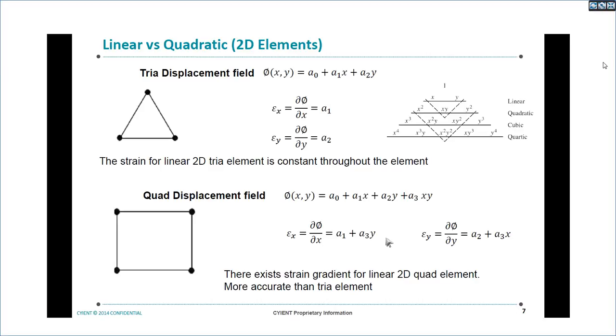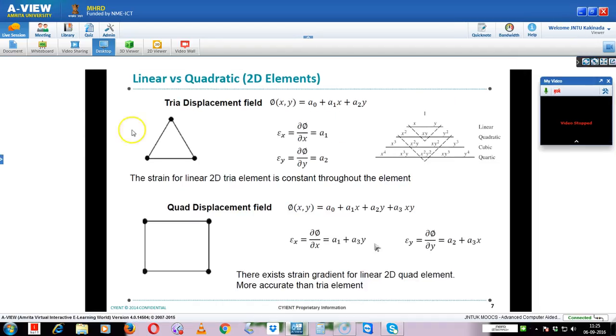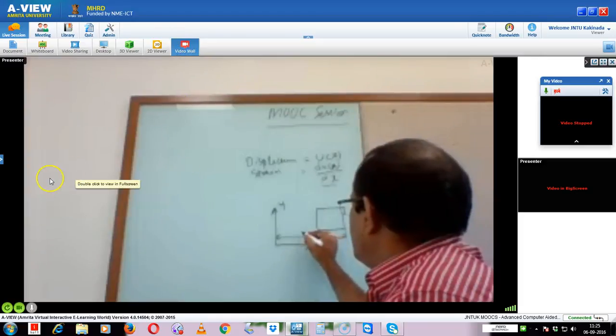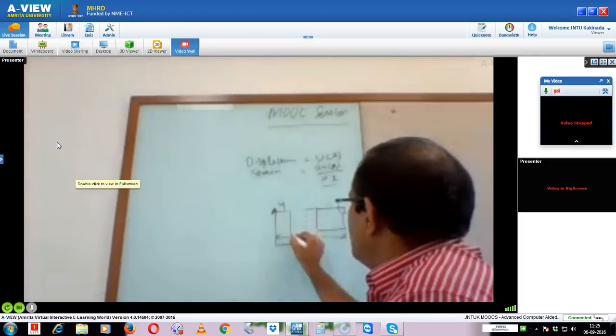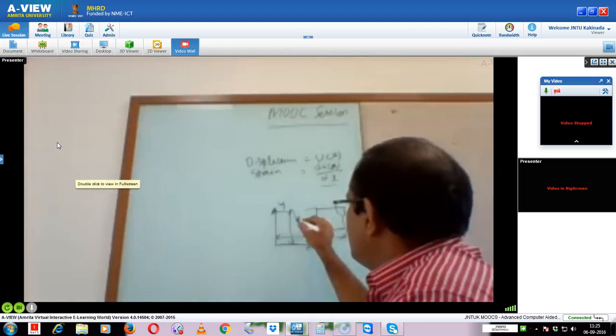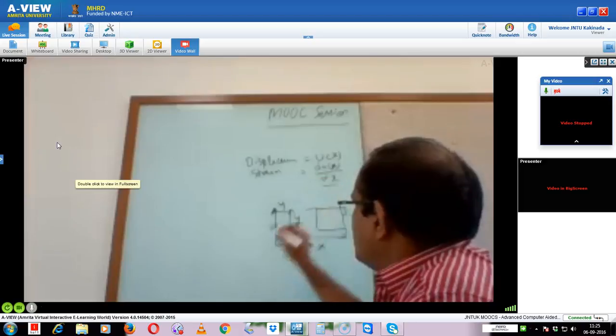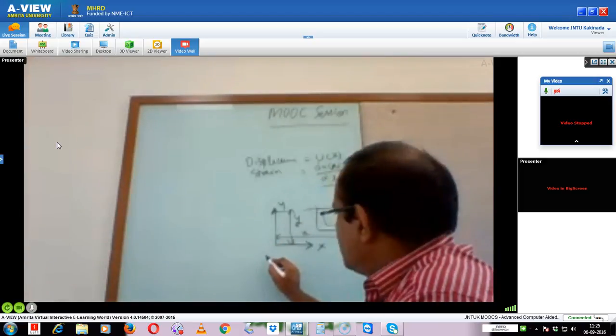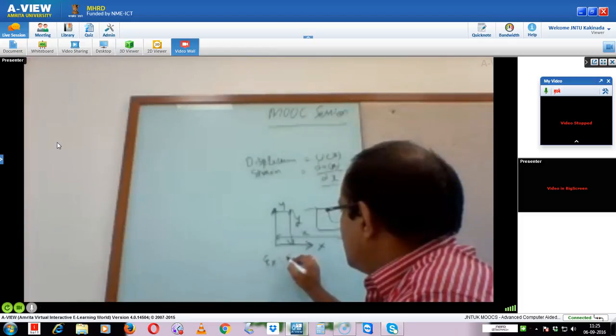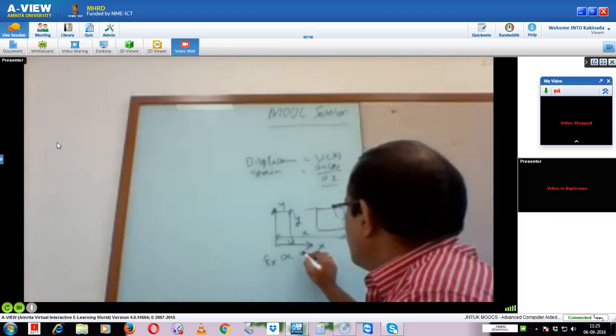Suppose I take an element here. The strain in x is directly proportional to y.